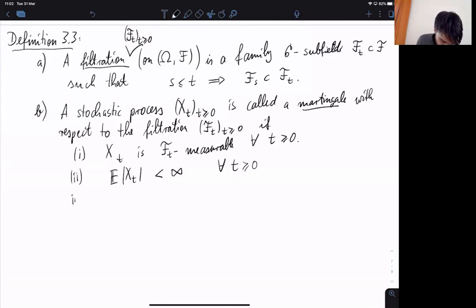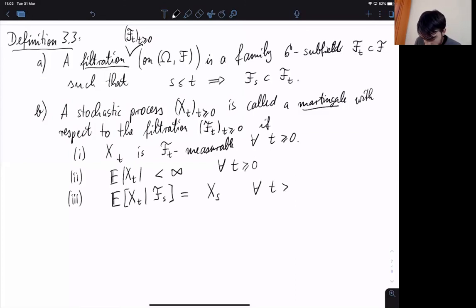These are in some sense technical conditions. And then the most important condition is that if I take the expectation of X_t with respect to the sigma field F_s, then I get X_s whenever t is bigger than s. So what does that mean?